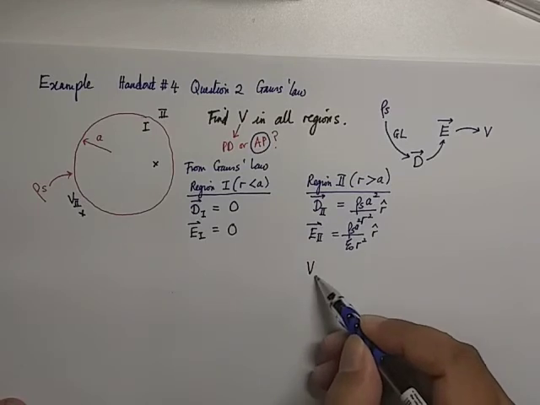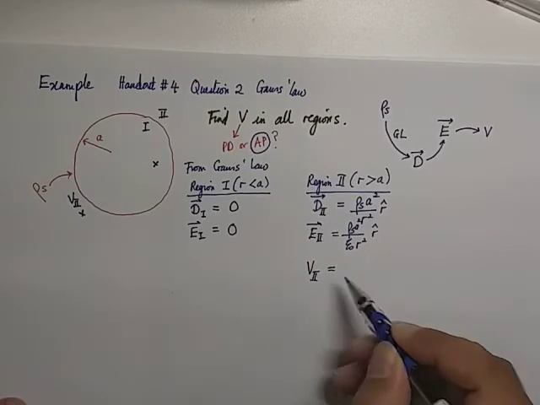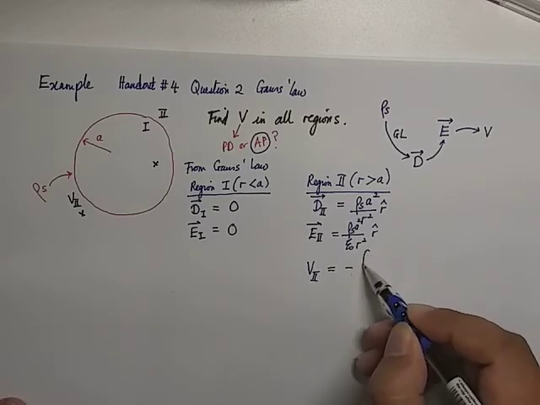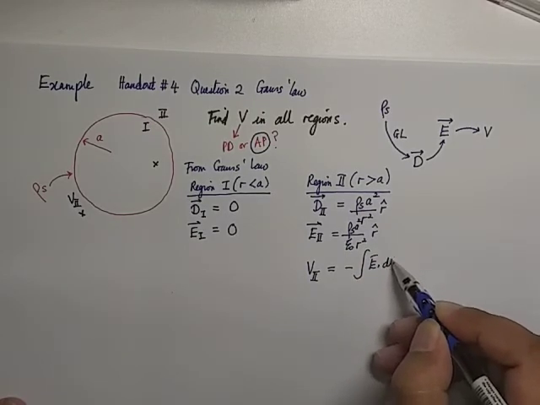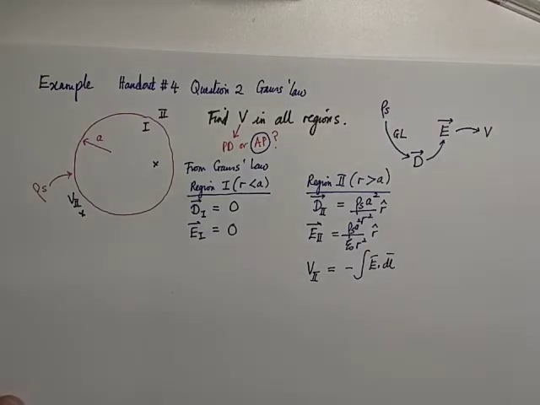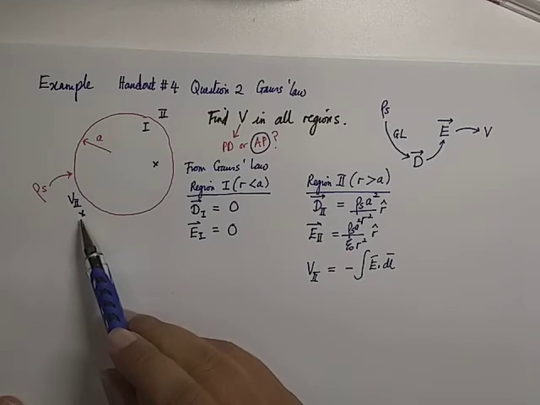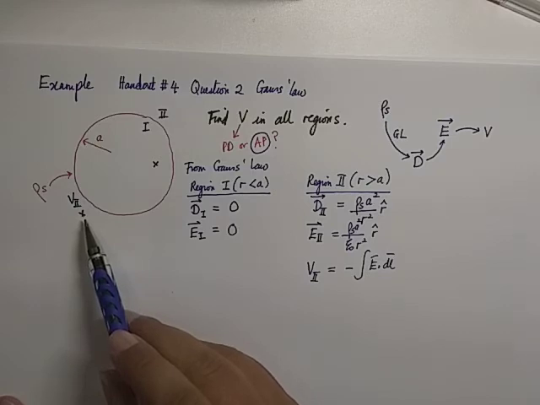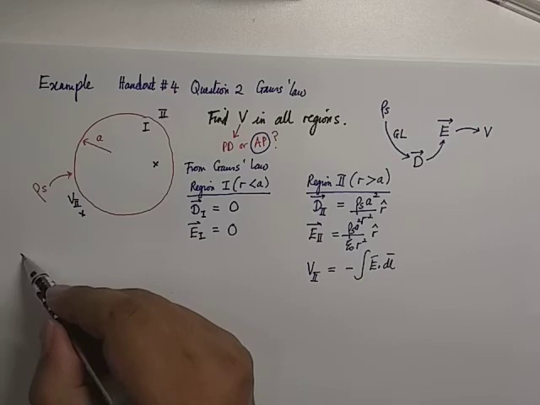My V2 should be equal to negative integral of E dot dl. And remember, this is known as absolute potential. So what should be the reference when we talk about absolute potential? Yes, it should be located at infinity.